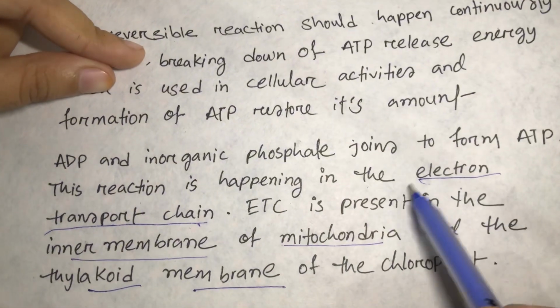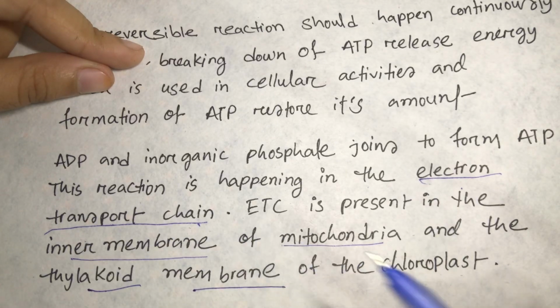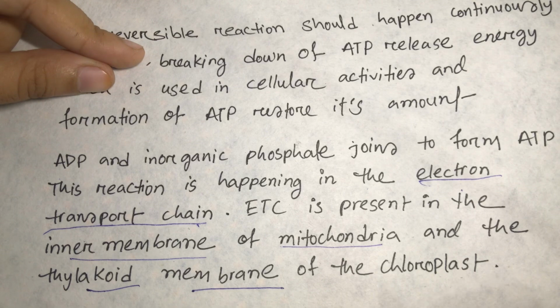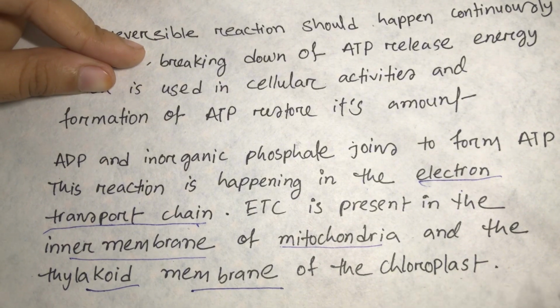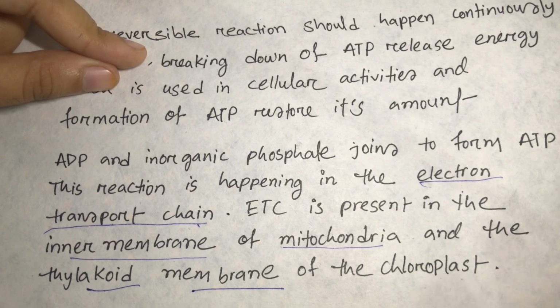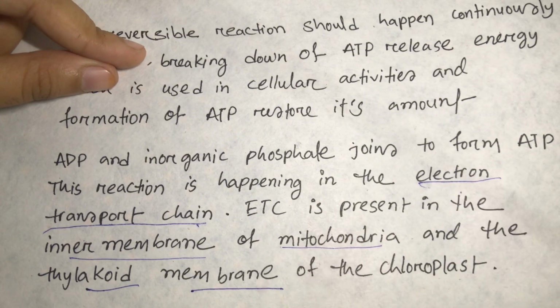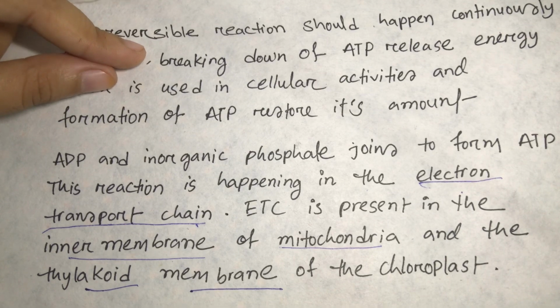We will learn about the electron transport chain in the further videos. It's a huge topic of Unit 4 and a really important topic. Many questions come from this topic only, so we will discuss this in detail in the further classes.